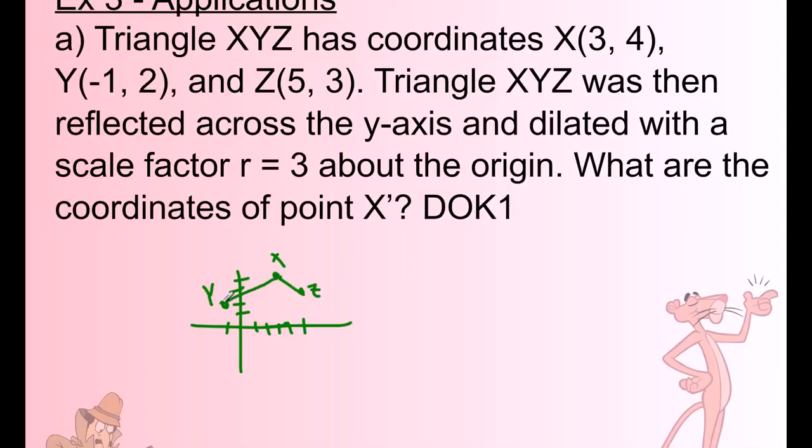All right, so that's about what this looks like. So if we reflect it across the y-axis, across this line, the X value is going to go over there, the Z value is going to go over here, and the Y point is going to come over here. So in my head, we're going to get something like the Y, the Z, the X.